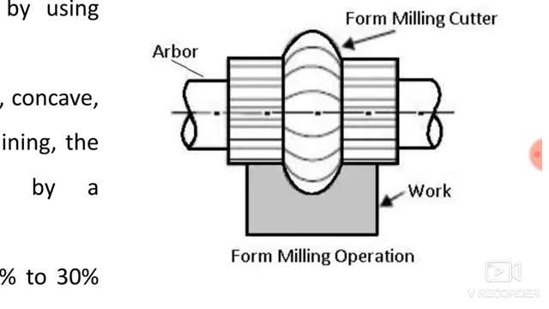Suppose on this workpiece I want to produce a round surface, that round surface can be produced with the help of a form milling cutter, provided that the cutter has the same shape that I want. So here I can produce a round shape by using a form milling cutter.